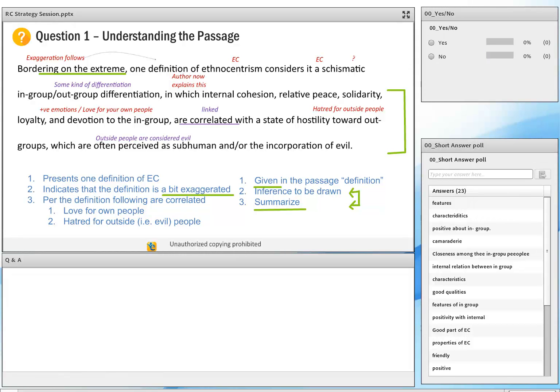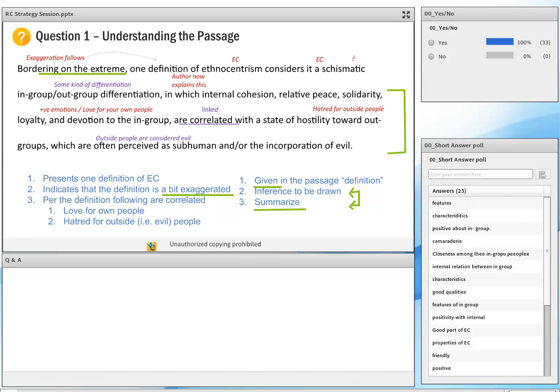Do you guys agree with my conclusion? Inference should not just be done on inference questions. Summarization should not just be done on main point questions. You need to do these two activities as you're reading.